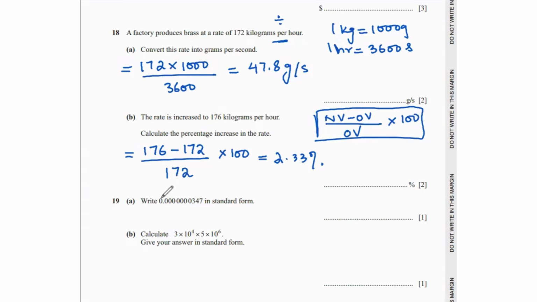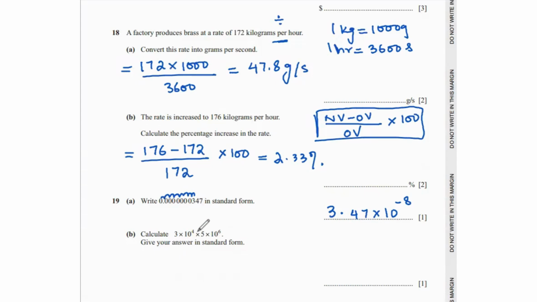So you're moving the decimal 1, 2, 3, 4, 5, 6, 7, 8. So it's going to be 3.47 times 10 to the power of -8. Since we move the decimal towards the right-hand side, it's going to be negative for the power. If we had moved the decimal towards the left-hand side, it would be positive for the power.